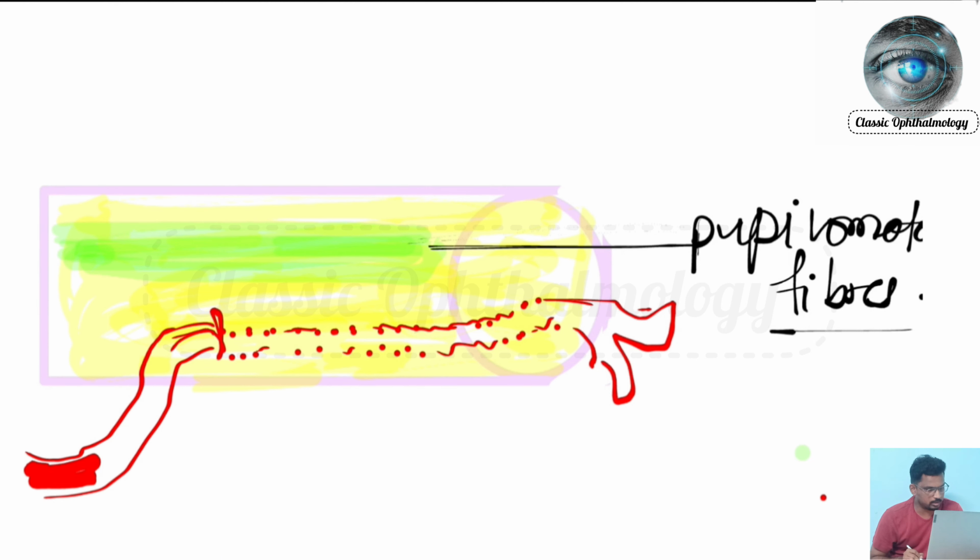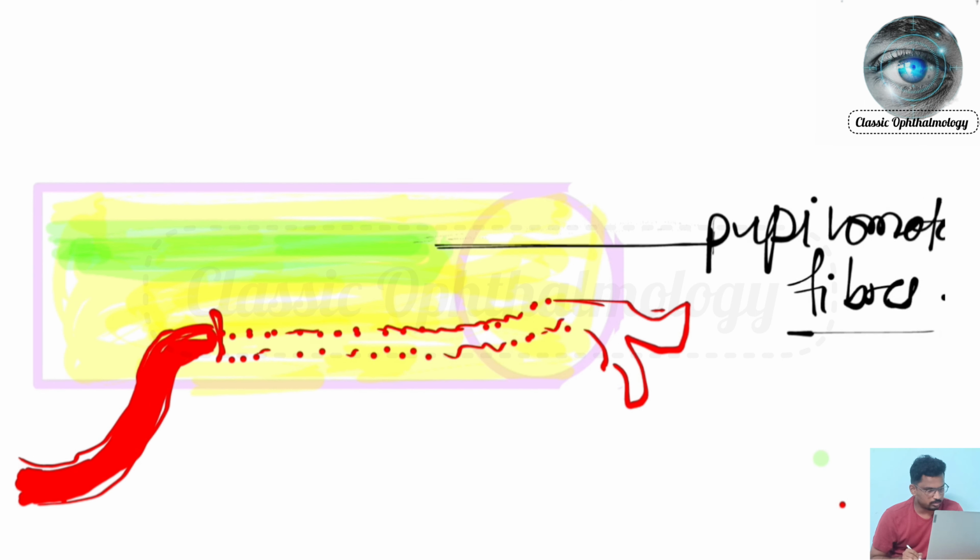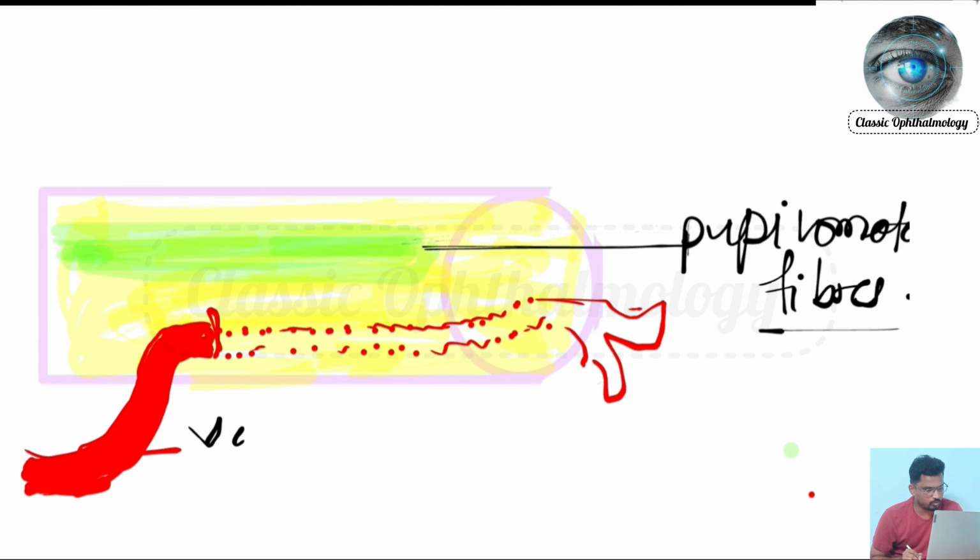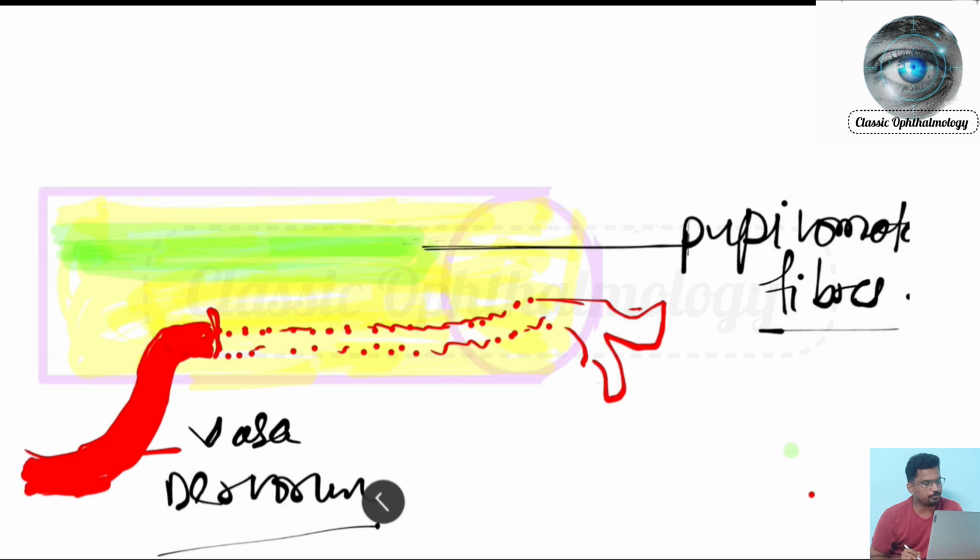Okay, and these are called vasa nervorum. Okay, vasa nervorum. These are micro vessels and supply the interior of the oculomotor nerve.